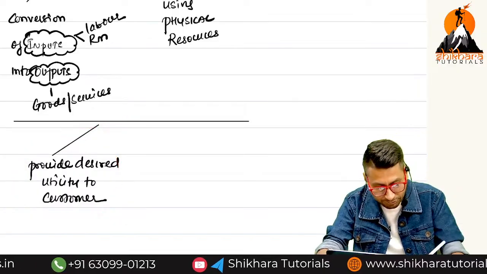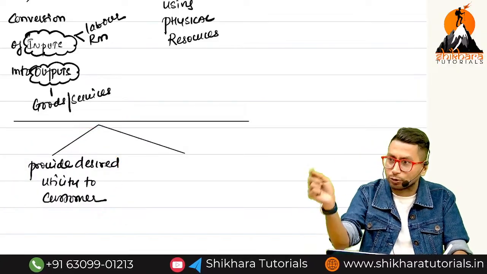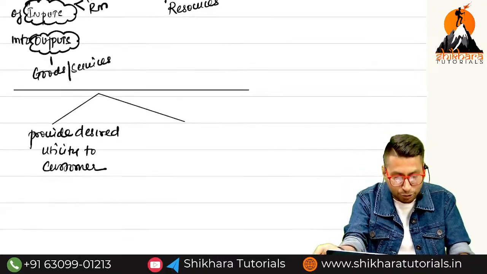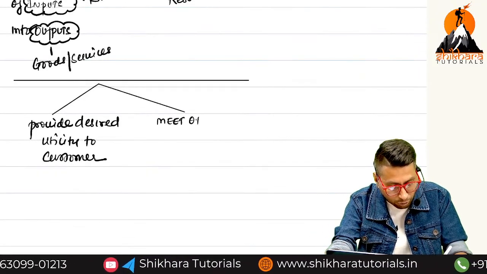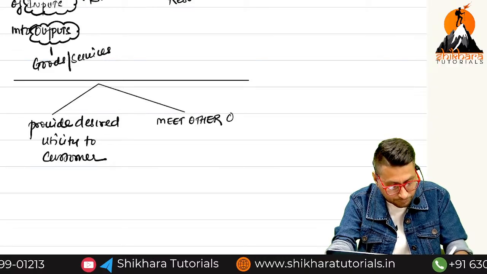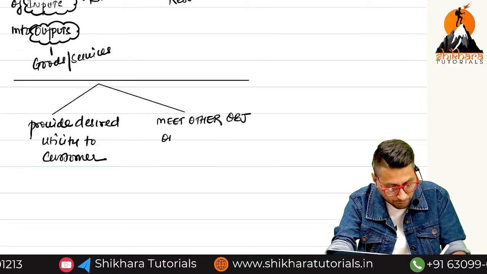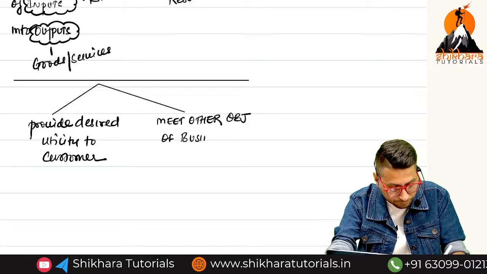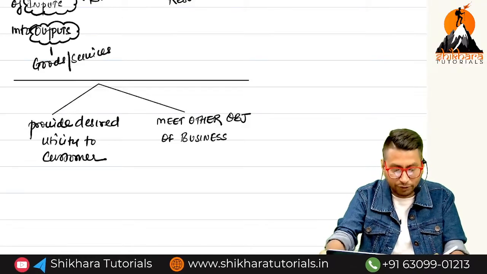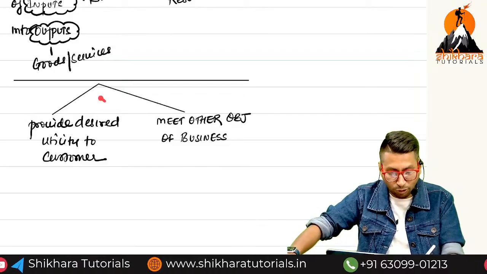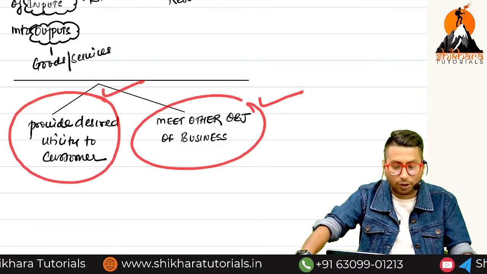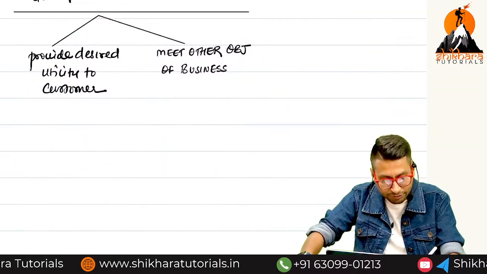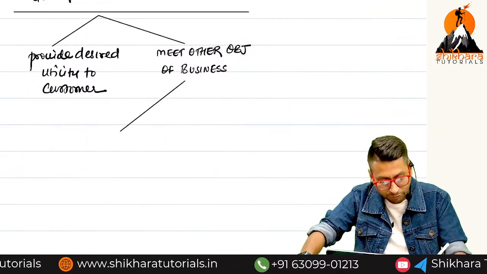In addition to providing utility to the customer, I should also try to meet other objectives of business. So I should not only provide utility to the customer, I should also try to meet what? Other objectives of business. There are 3 other objectives.